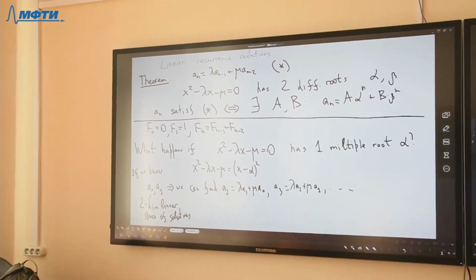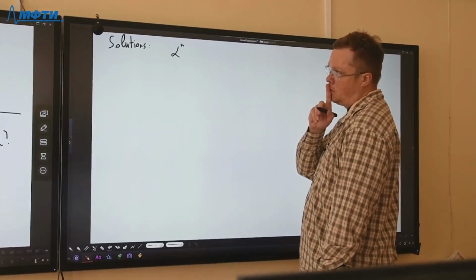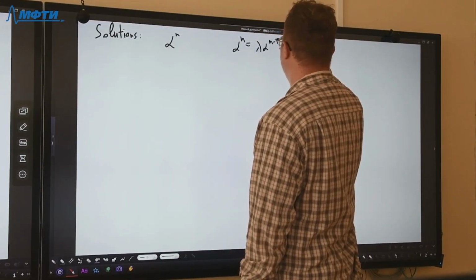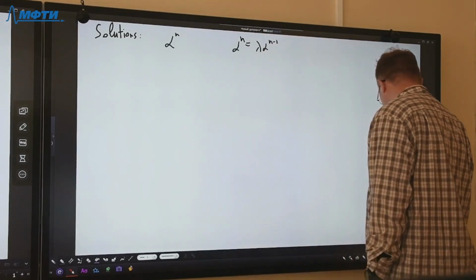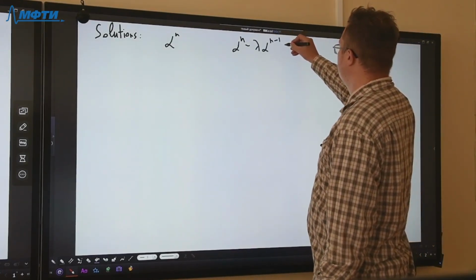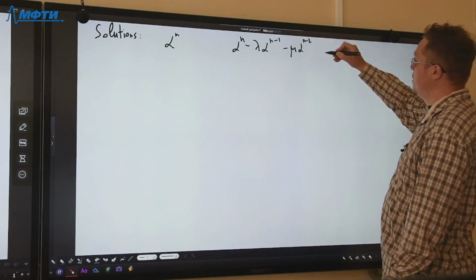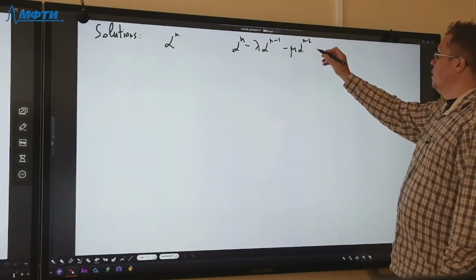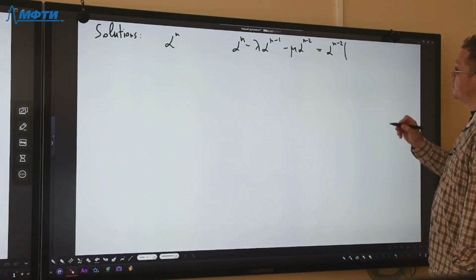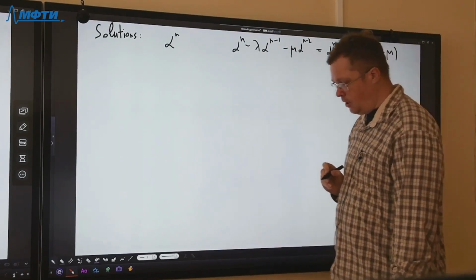So first of all, of course, alpha to the nth power satisfies this recurrence relation, because if we write alpha to the n minus lambda alpha to the n minus 1 minus mu alpha to the power n minus 2, then we can rewrite this as alpha to the power n minus 2 times (alpha squared minus lambda alpha minus mu).